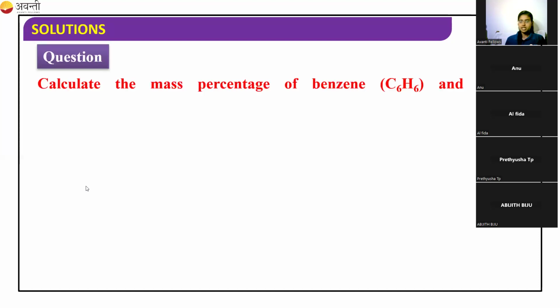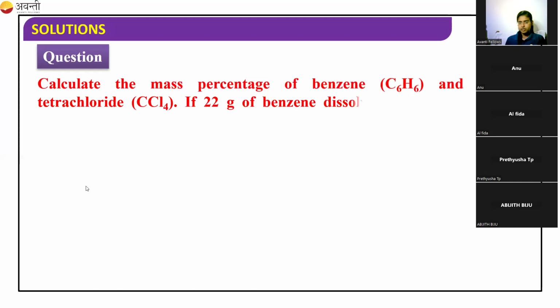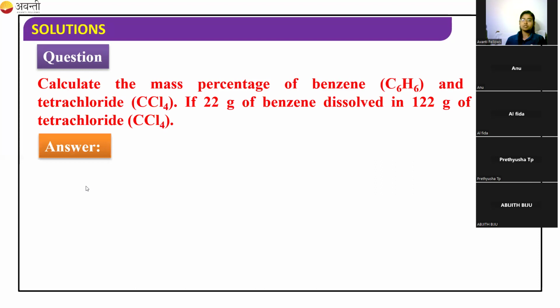Calculate the mass percentage of benzene and carbon tetrachloride if 22 gram of benzene is dissolved in 122 gram of carbon tetrachloride. So this is a question. How to approach this question? We have two components, one is benzene and the other one is carbon tetrachloride.